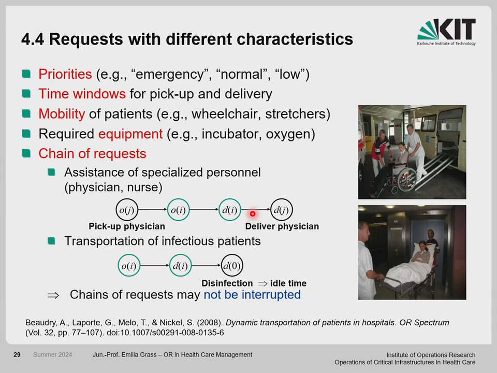This has to be taken into account, because after the infectious patient was transported, we need 1 hour to clean the vehicle, so it cannot be used in the next upcoming hour. It is blocked, and this is what the static version, for instance, didn't account for. This is a chain of requests that cannot be interrupted.